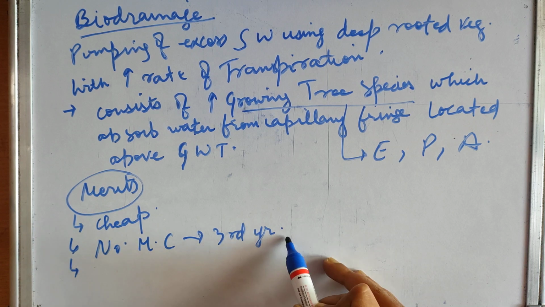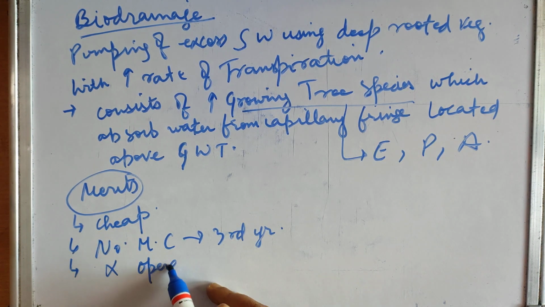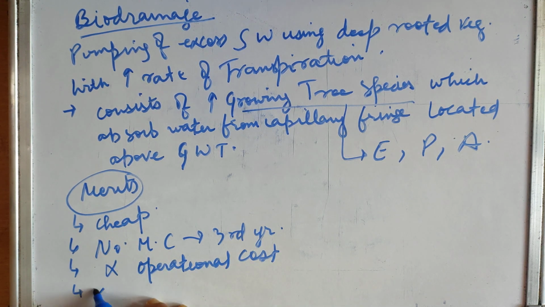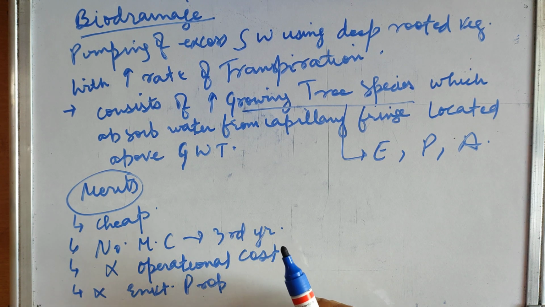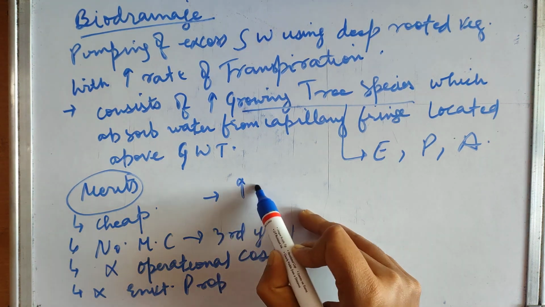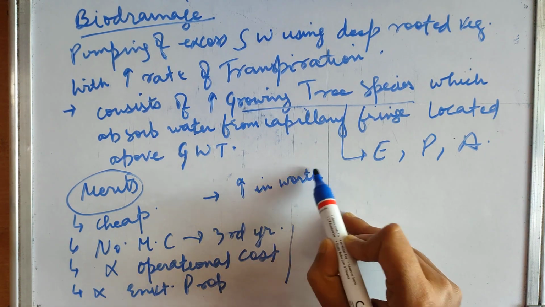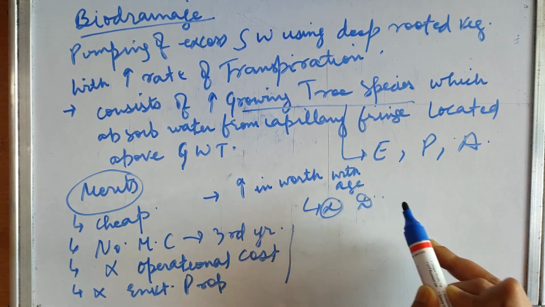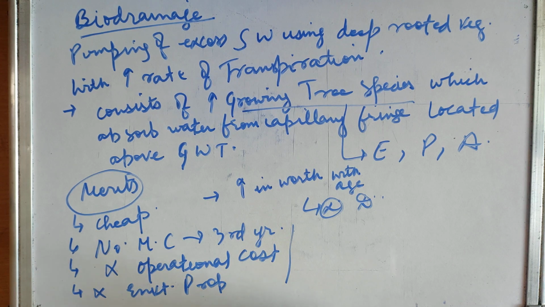No operational cost. No environment problem. Increase in worth with age instead of depreciation, because in normal drainage systems with age the pipes get old, they break, they have some holes, but with age biodrainage becomes more and more effective.